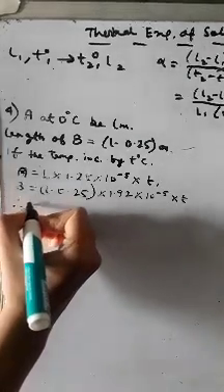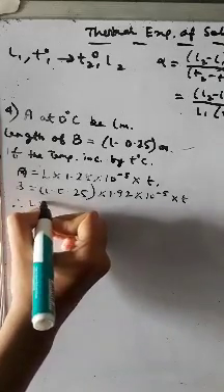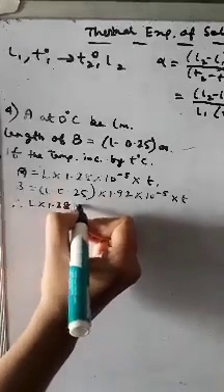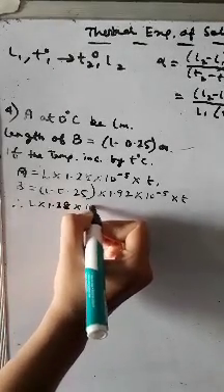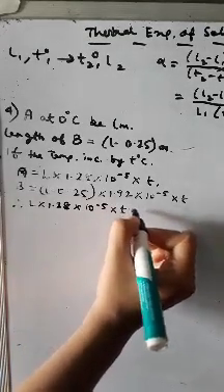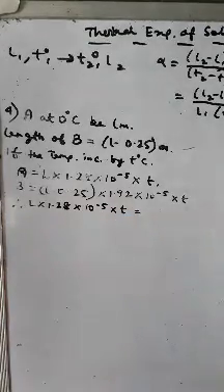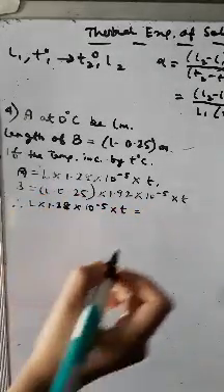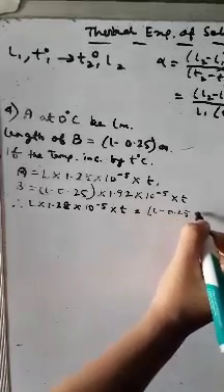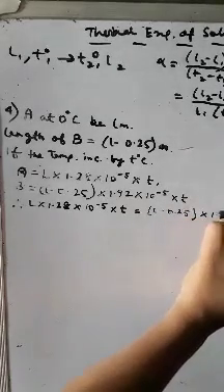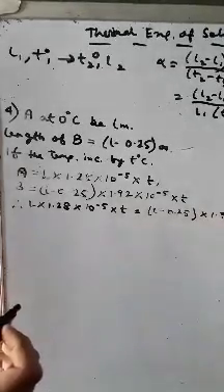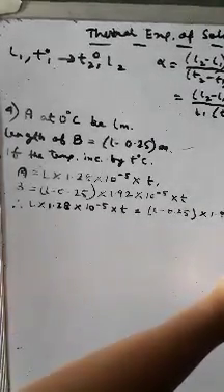Let's write L into 1.28 into 10 to the power minus 5 into T, which is equal to L minus 0.25 into 1.92 into 10 to the power minus 5 into T.